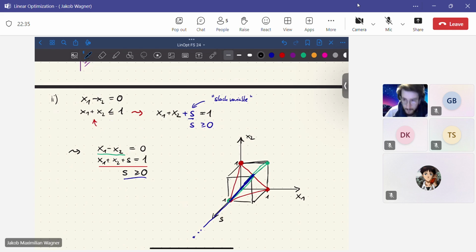The final set is the blue one, right? The final set is the blue one, yeah. So maybe I shouldn't underline this in blue, but everything together, this is the blue set, yeah. Okay.